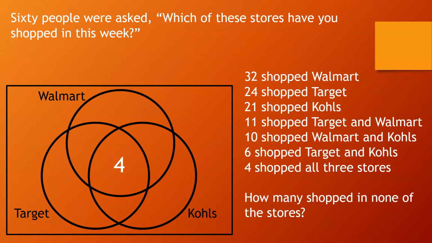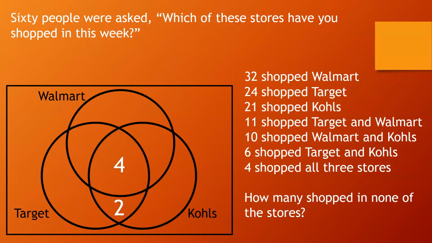Now, working our way up from the bottom, up above that, we know that 6 people shopped at Target and Kohl's. That would be this part of the Venn diagram. That means that has to be a total of 6, and we already have 4 of those 6 in that region. So the remaining 2 people have to be in this part of the Venn diagram.